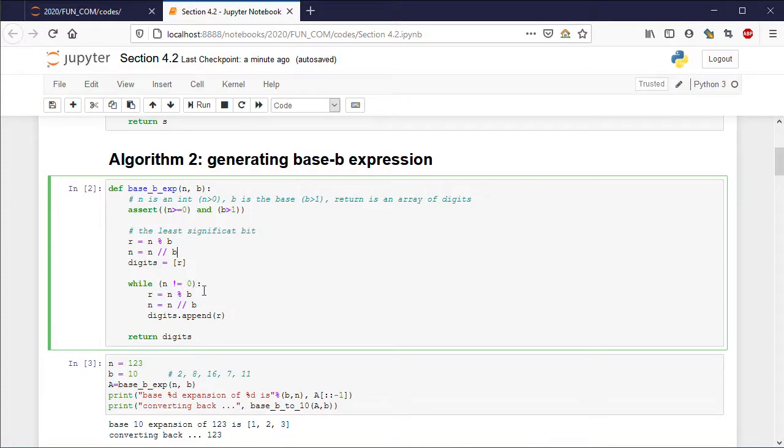Next, as I have already explained for the pseudocode, we are going to use a loop to find all the possible digits, and eventually return a list of digits, a list or just an array.